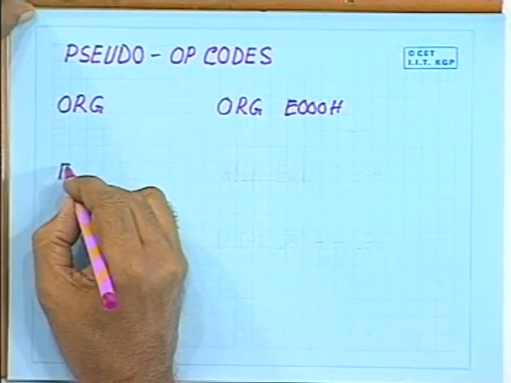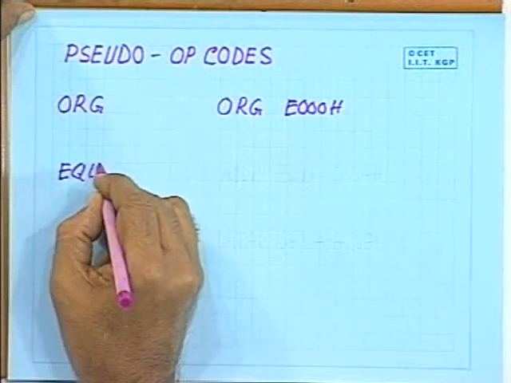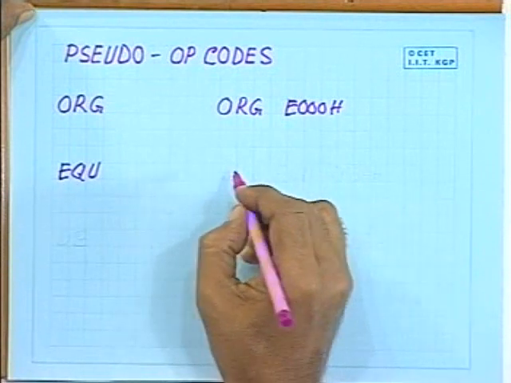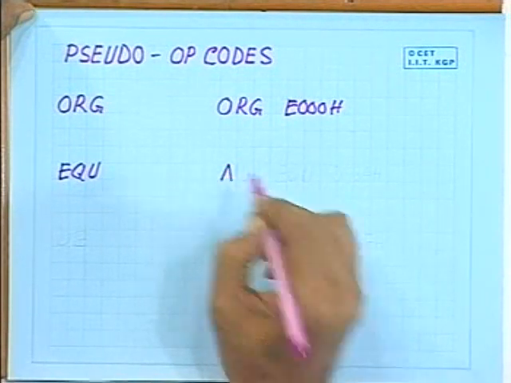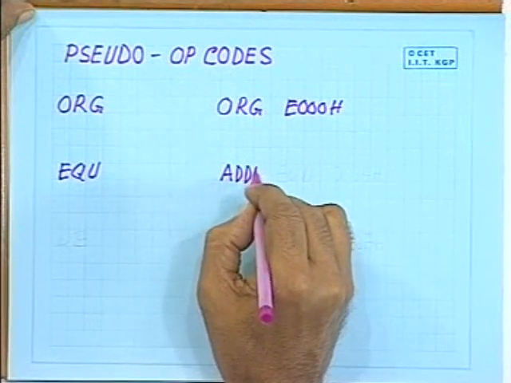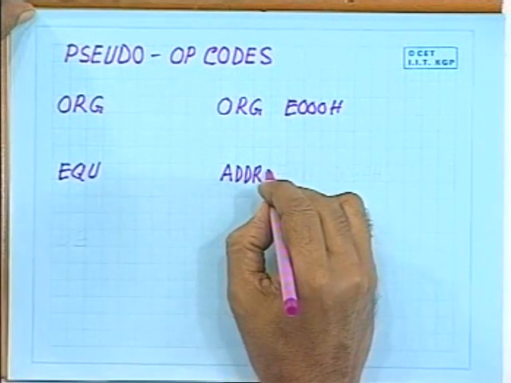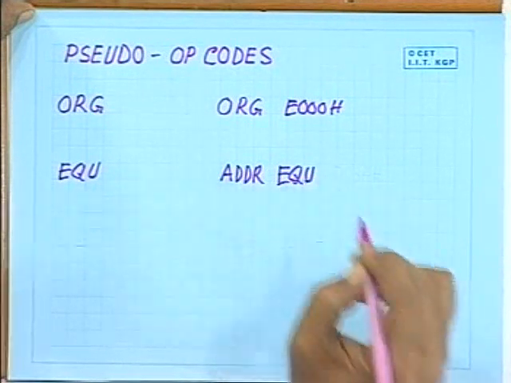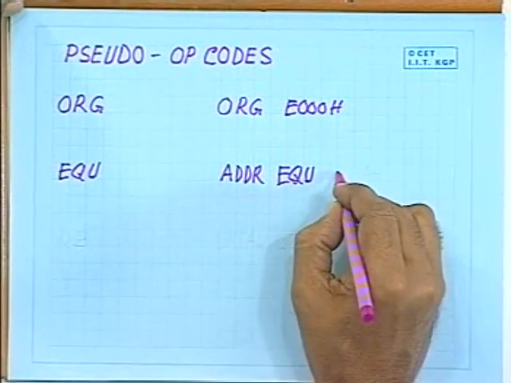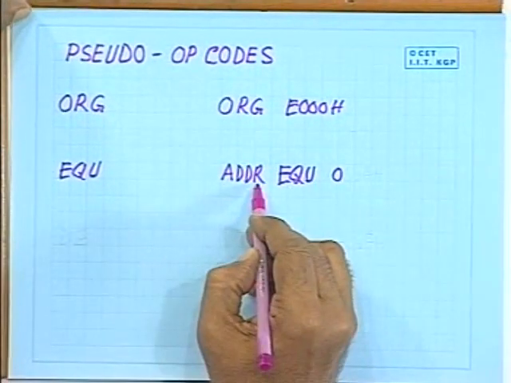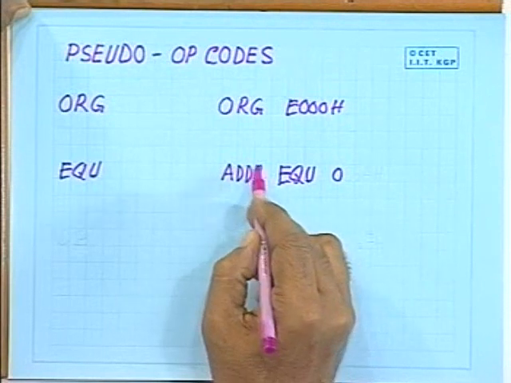Another pseudo opcode is EQU, which stands for equal. In the label field you write something, say ADDR. In the operation field you write EQU, and in the operand field you write the value which you want to make equal to this particular symbol.